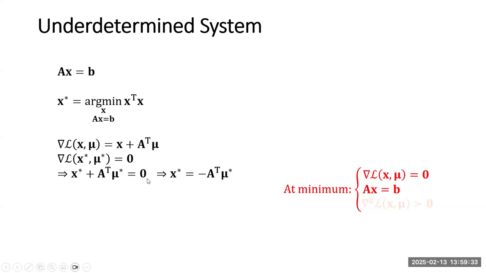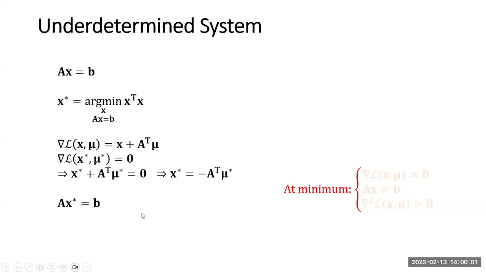The gradient equals 0, or x star equals negative A transpose mu star. Okay, we just used up this expression here. And then we have Ax equals b. So now we have two equations. x star equals negative A transpose mu star, and we have Ax star equals b.